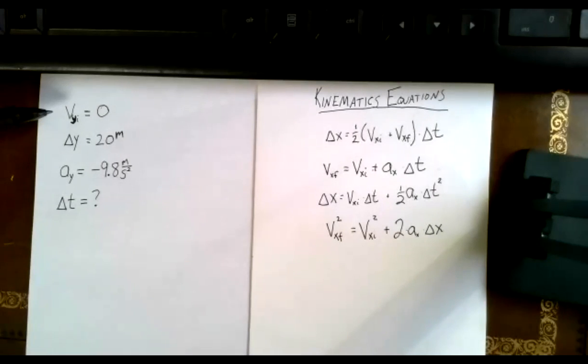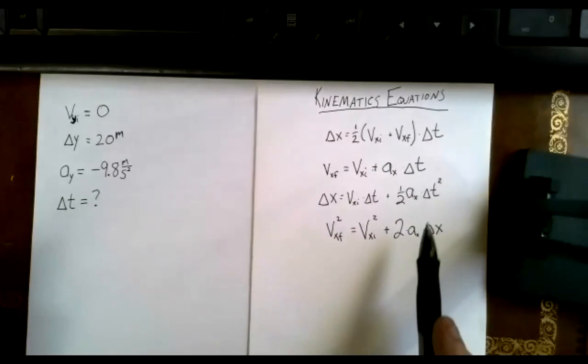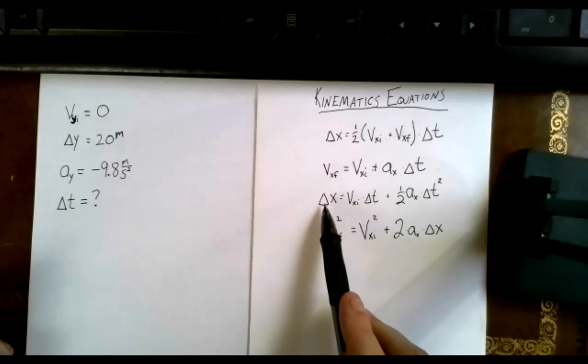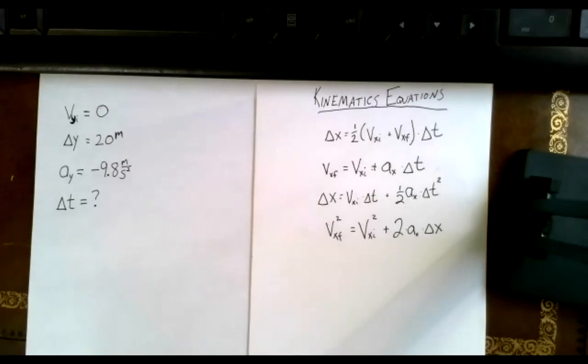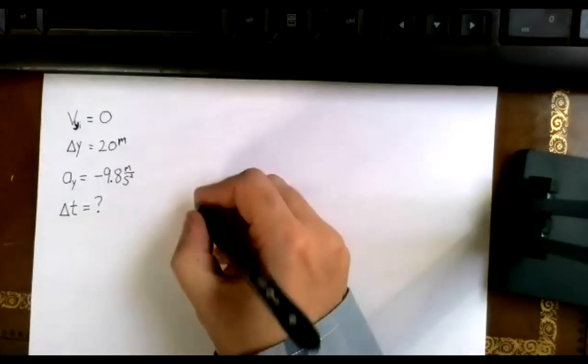Only one of the equations has these 4 symbols in it: initial velocity, displacement, acceleration, and time. It's the third one, right? The third one has initial velocity, displacement, acceleration, and time, and there's no final velocity there. So the third one's the right one to pick.